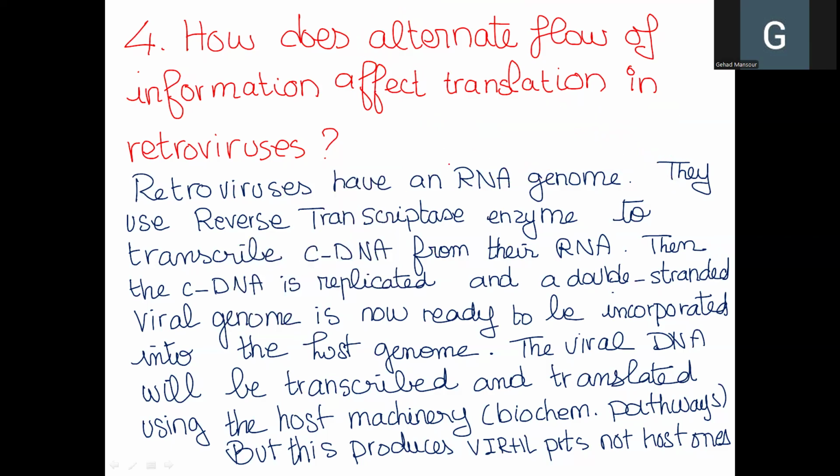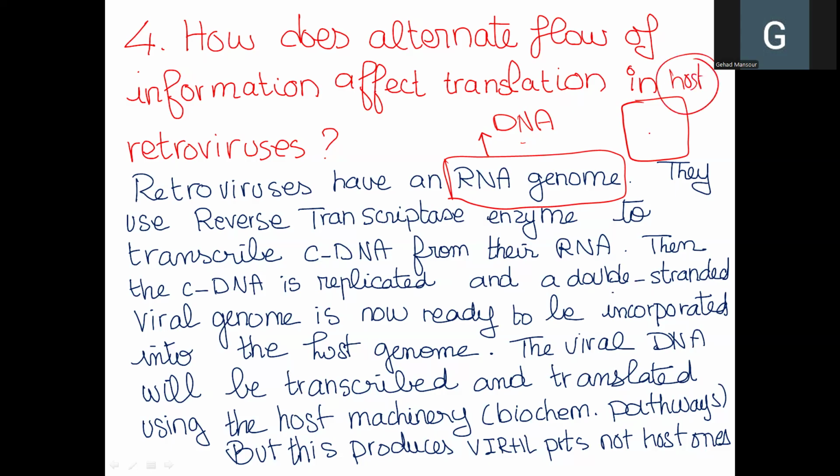Why? Because essentially the retroviruses do not have a DNA genome. They have an RNA genome. And they want to convert that RNA genome into a DNA genome for one simple reason, just in case their host cell has a DNA genome.